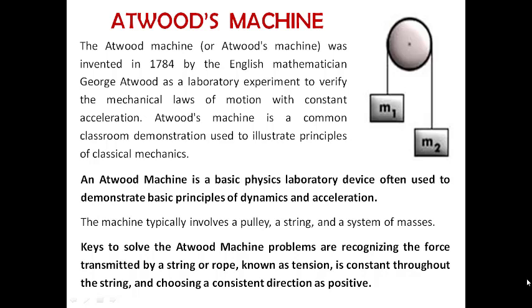The machine typically involves a pulley, a string and a system of masses. The keys to solving an Atwood machine problem are recognizing that the force transmitted by a string or a rope, known as tension, is constant throughout the string, and choosing a consistent direction as positive.